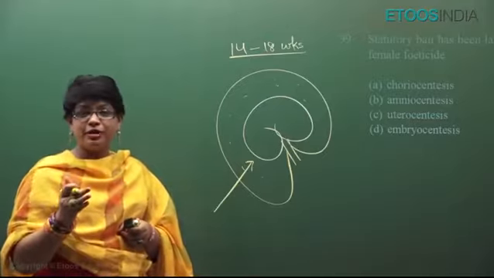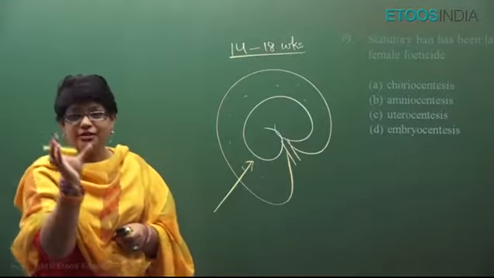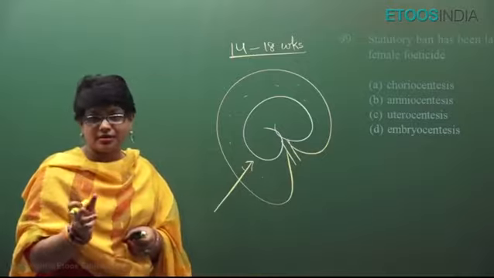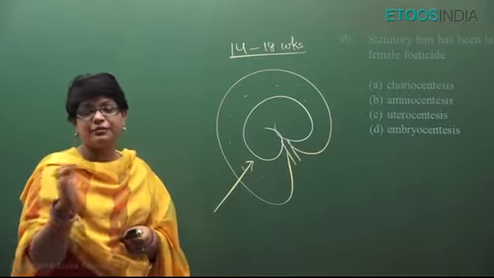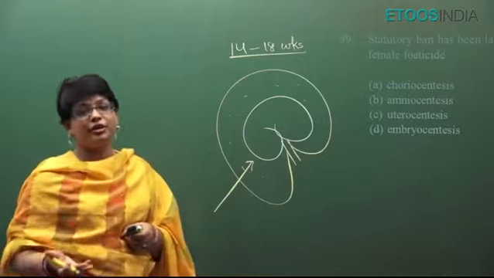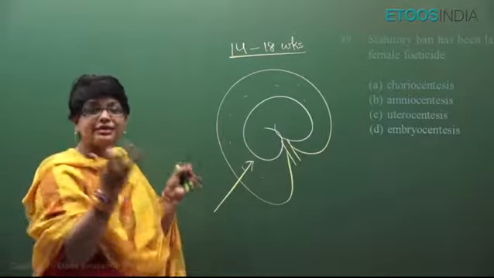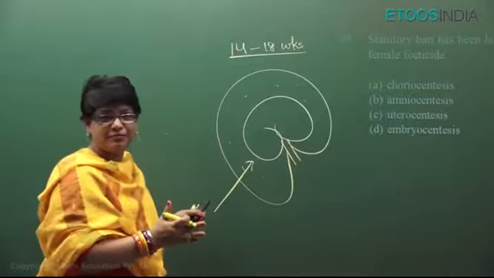Since they are able to see 46 chromosomes, they are able to see whether it is XX or XY. And if it is XX, a female fetus, then they get it aborted deliberately, which is a crime. So now there is a ban, not a complete ban, a statutory ban.